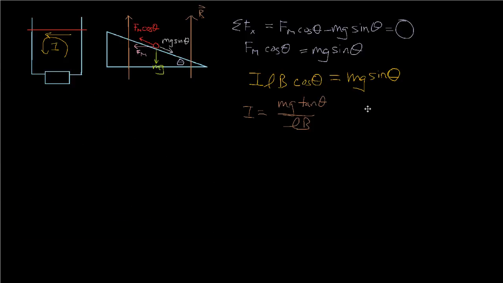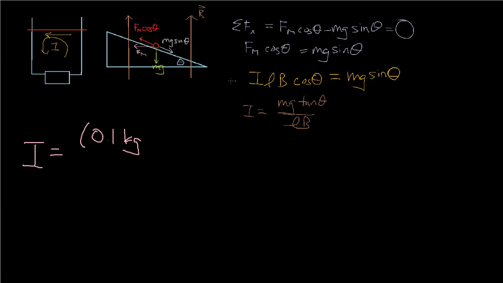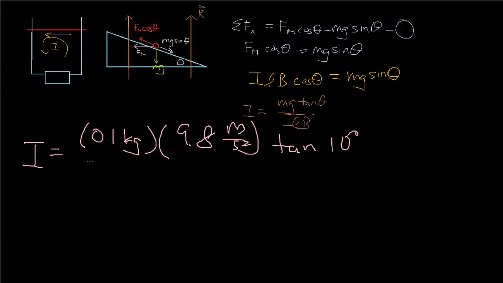So I'll do the dirty work and plug everything in. I equals 4.1 kilograms, the mass of our rod, multiplied by gravity, so right now we're finding the gravitational force, and then tangent theta, and we know our incline is 10 degrees. On the bottom is part of our magnetic force, and that is L, which as you remember in the problem is 50 centimeters apart.